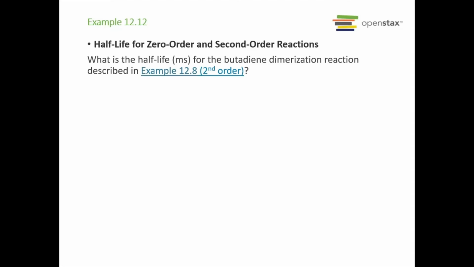So our next question, we want to know the half-life in milliseconds for the butadiene dimerization that we talked about in example 12.8. So this was a second order reaction.